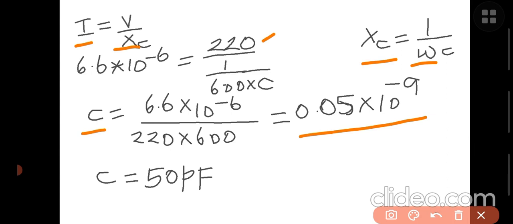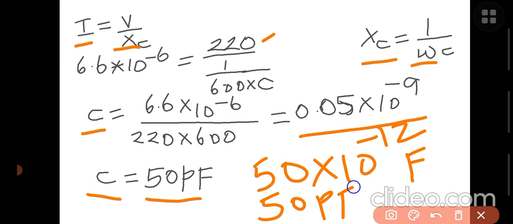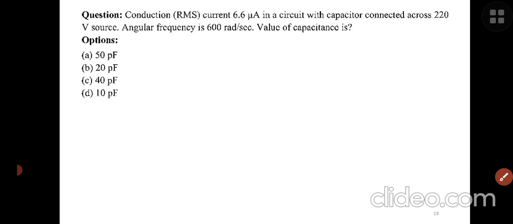This can be simplified as C equal to 50 picofarad. That means 50 into 10 to the power minus 12 farad. So this 10 to the power minus 12 we can write as pico. So our answer is A, 50 picofarad.